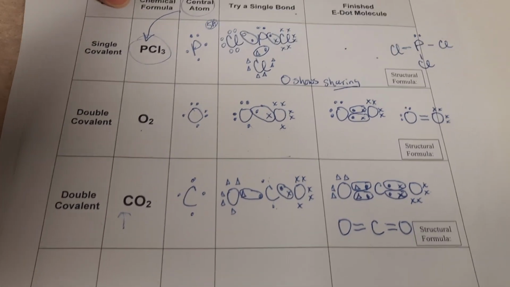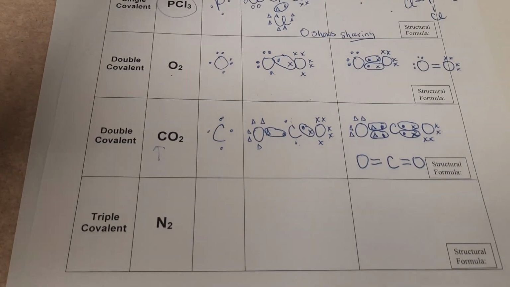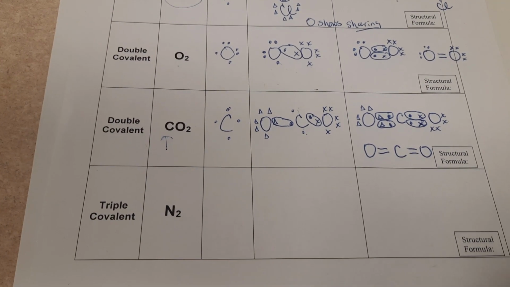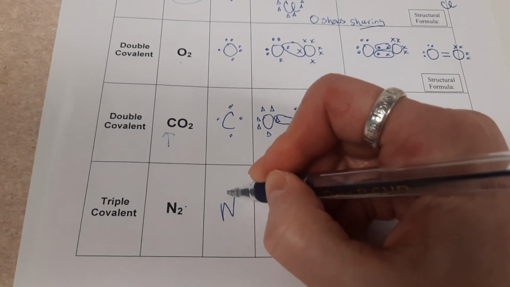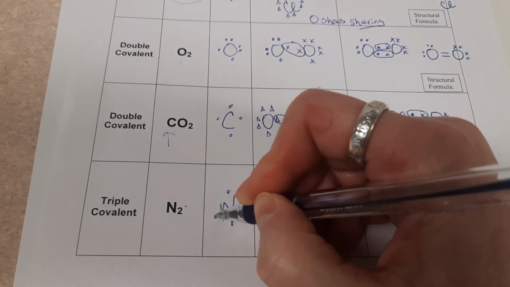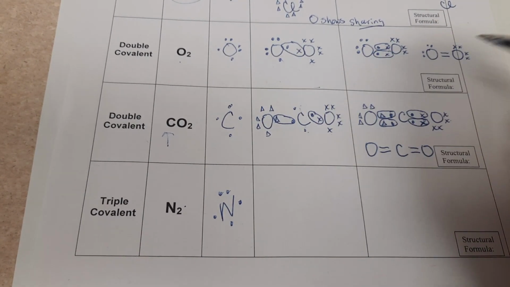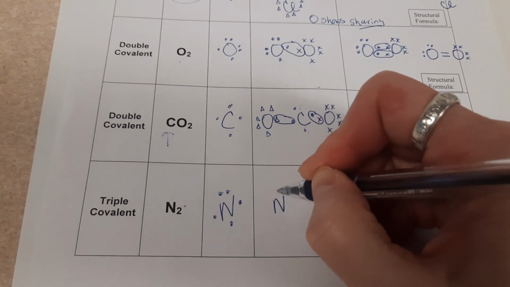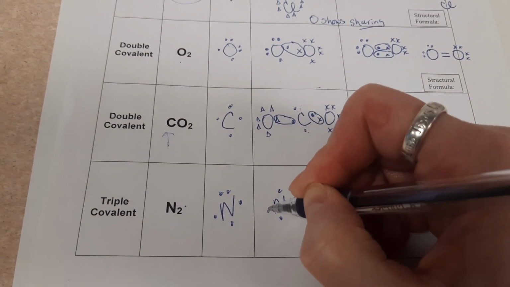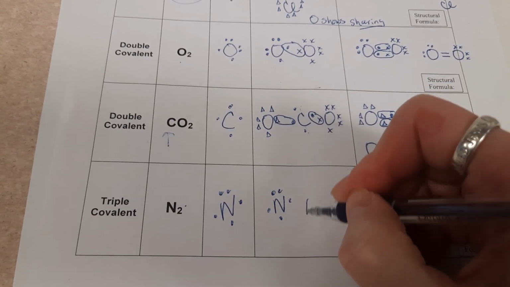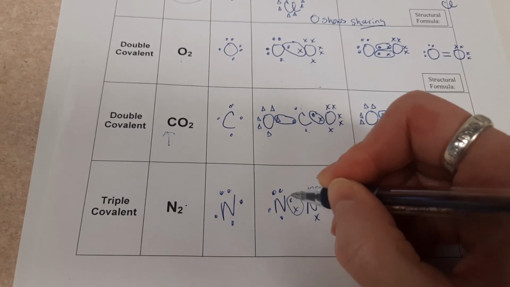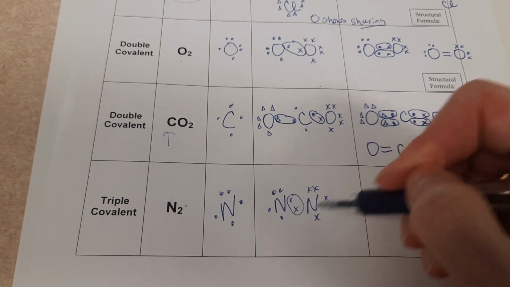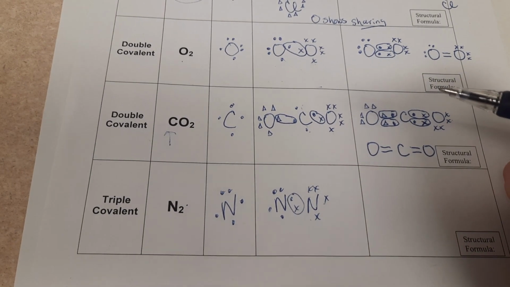All right, and the last one quickly, we have nitrogen. Again, no central atom because there's only 2, so I just choose one of the nitrogens. 1, 2, 3, 4, 5. I try a single bond. 1, 2, 3, 4, 5. And my other nitrogen, single bond, doesn't work, but both of them have more singles to offer.